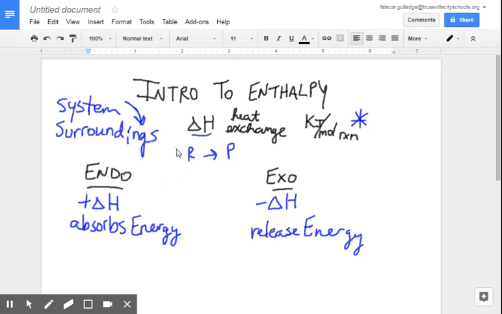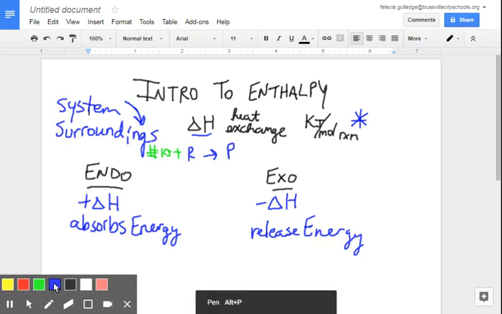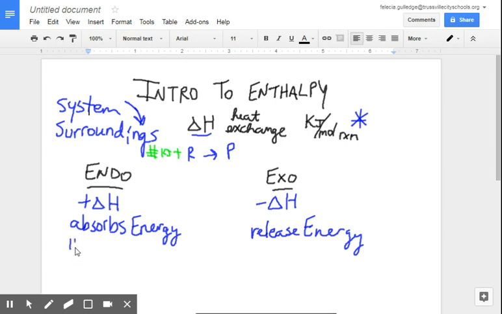If it's endothermic, your heat, your delta H value, some amount of energy, and how I know that is because it will be given the unit kilojoules, that amount is going to be written on the reactant side. So if it's endothermic, my heat, my enthalpy, is written as a reactant.